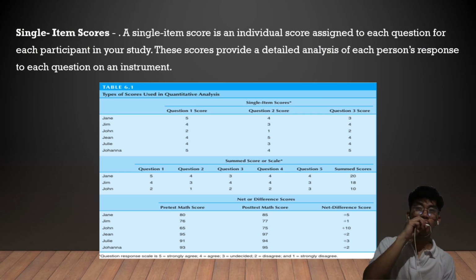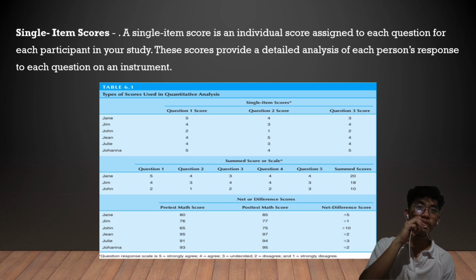And also we have net or difference scores, which are scores in a quantitative study that represent a difference or change for each individual. Some gains may be more meaningful than others. In this table, for each of the 6 participants, we see a pretest math score, a sum score over all items on the test before a unit on math is taught.